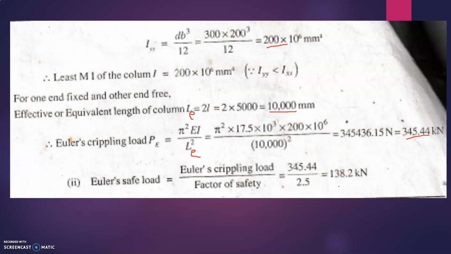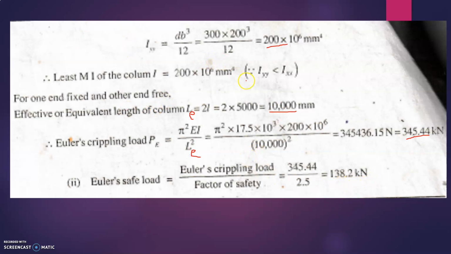Now the same thing you calculate for Rankine's load. How do you calculate it? You have to use Rankine's crippling load formula. PR is equal to sigma c into A divided by 1 plus alpha into LE divided by K whole square. Substitute the values. You have to find A also.